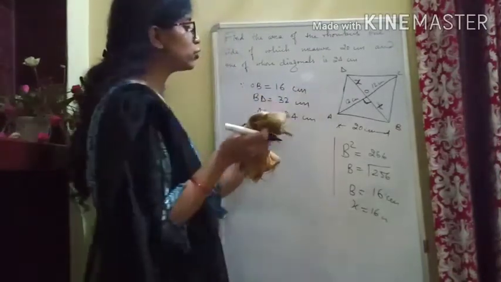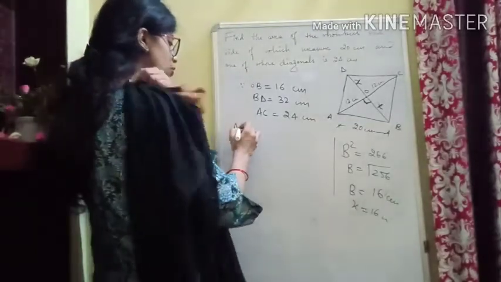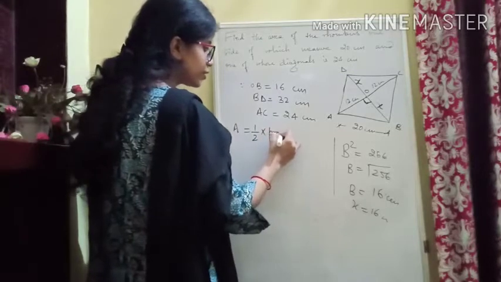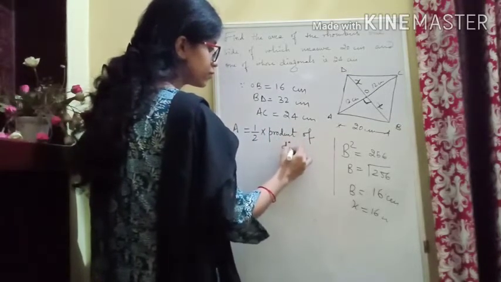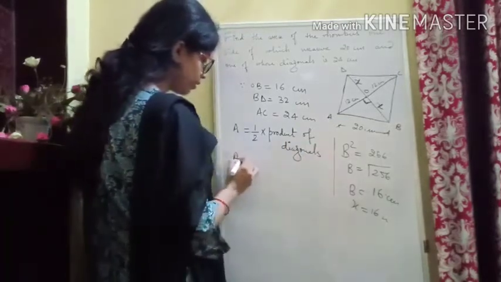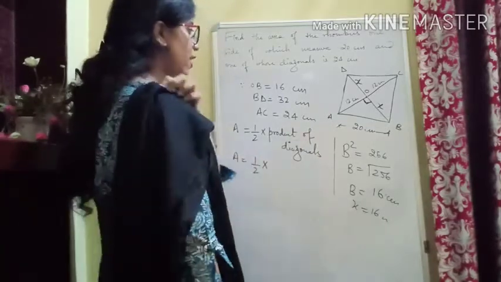Now, since we know both the diagonals, we can calculate the area of the rhombus. It is half into the product of the diagonals. What are the diagonals we have?